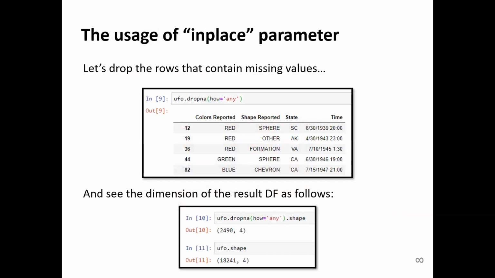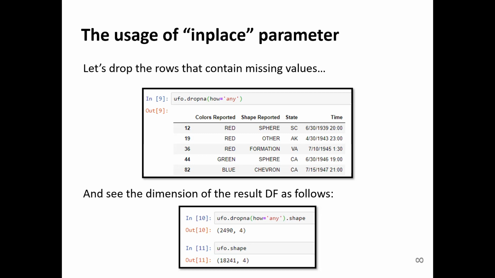There are 2 ways. One of them is, if I say UFO.drop those null values for any, it is going to say the result of that drop would be just 2,400 some rows.